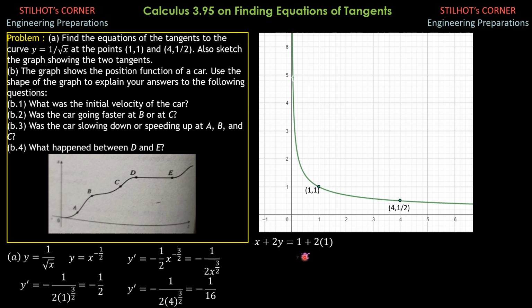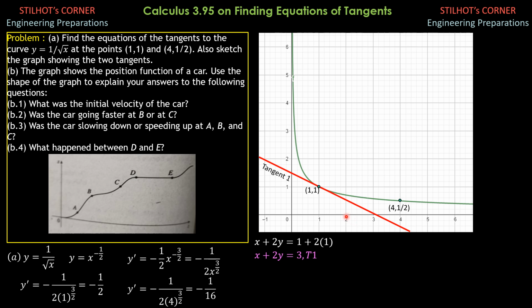So x plus 2y equals 3, the first tangent. So the y-intercept is 3/2 or 1.5. The tangent crosses this point, and we also have x is 3. The tangent passes this point here. So that's the first tangent.